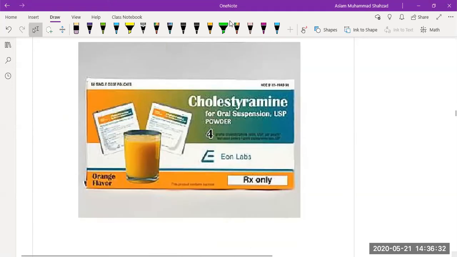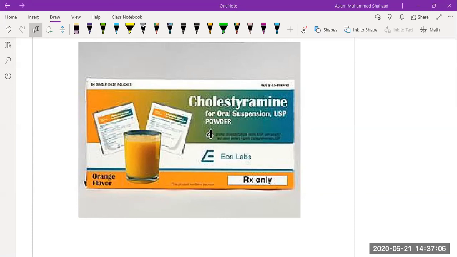The drug we use for the treatment of this kind of diarrhea is cholestyramine, and the dose is initially 4 gram daily, increased by 4 gram at weekly intervals to 12 to 24 gram daily in 1 to 4 divided doses, and then adjusted as required.